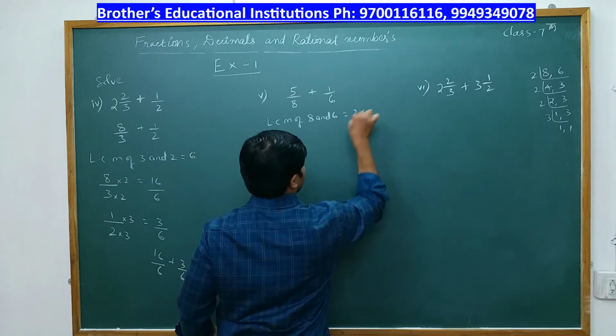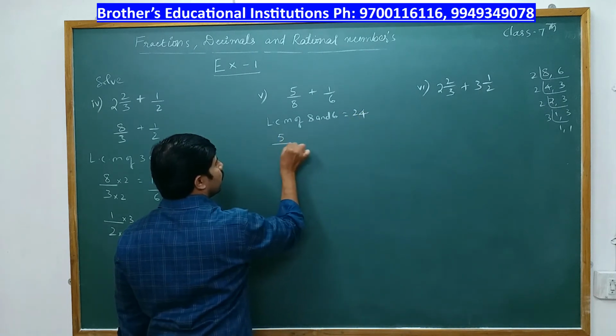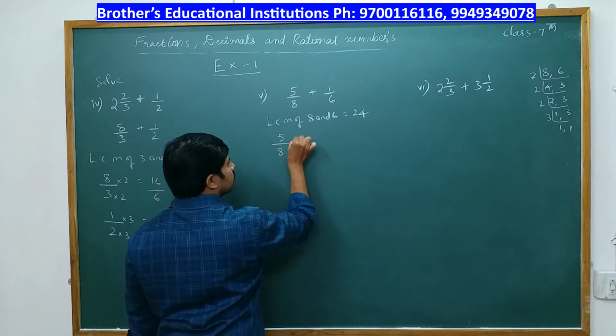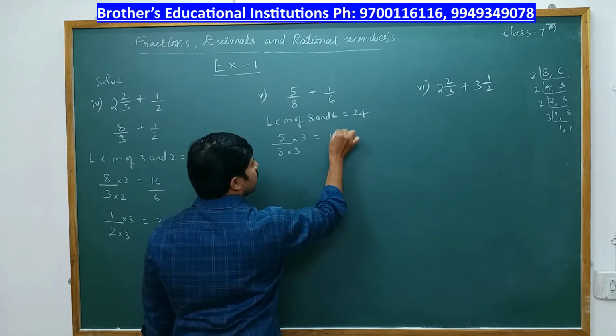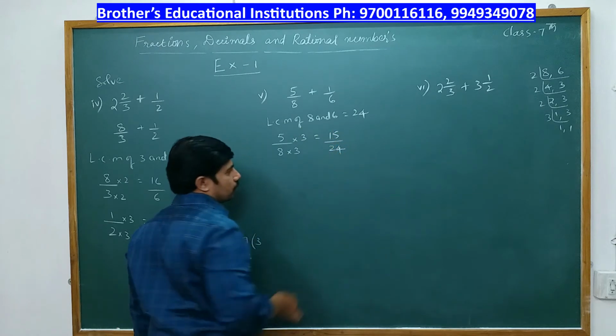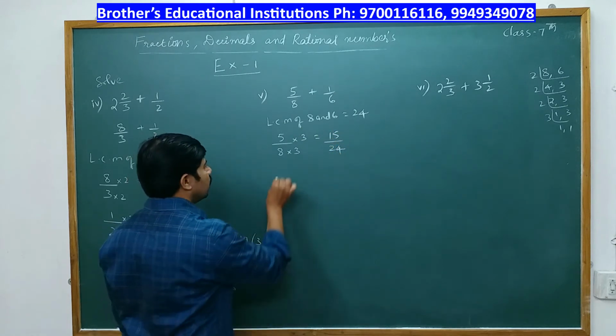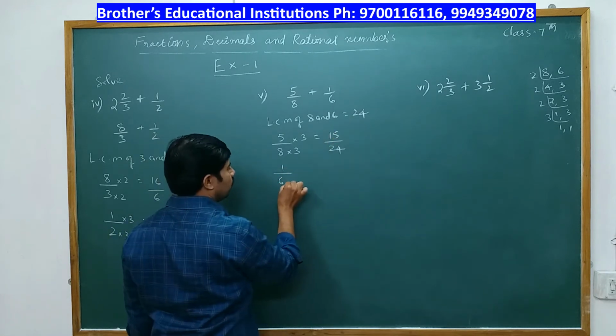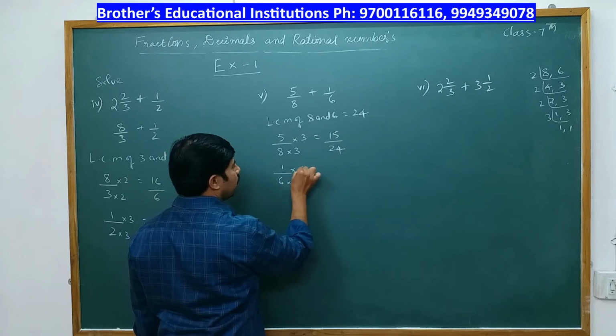So what is LCM of 8 and 6? It is 24. So you write 5 by 8. Okay. 8 goes how many times in 24? It is 3 times. So we get 15 by 24. Right. Next we have 1 by 6. 6 goes how many times in 24? It goes 4 times, 1 into 4.